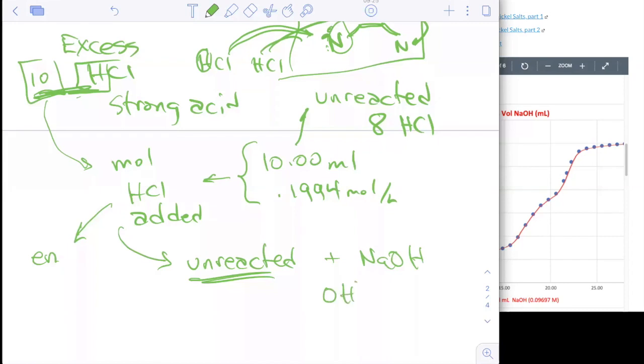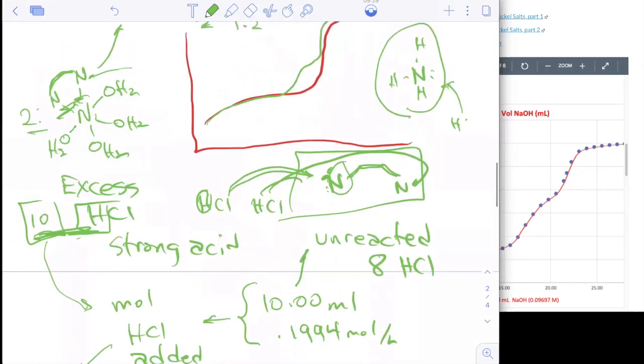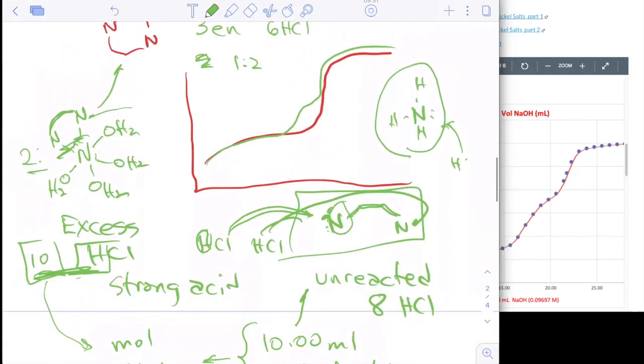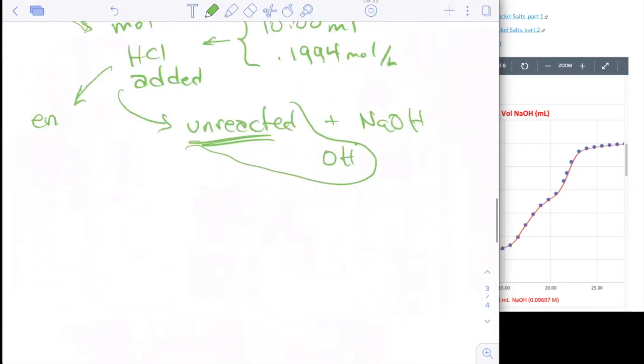Okay, so the unreacted portion, the portion that's floating around in your beaker, you've got in your beaker the ethylene diamine that is protonated, and now you have hydrochloric acid that went unreacted.